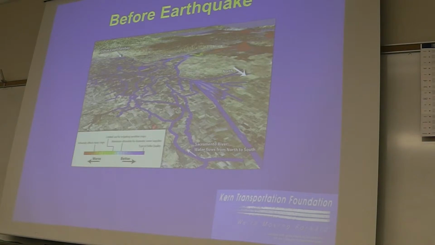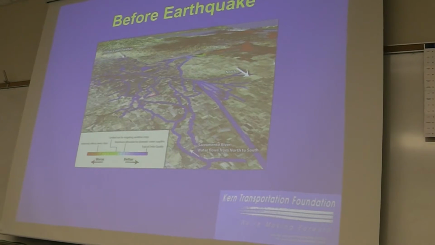Now the problem is a lot of this Delta is supported by levees that are well over 100 years old, obviously not built to any modern engineering standards. A lot of them were built with horses and mules and wagons, obviously not even modern earthwork equipment.